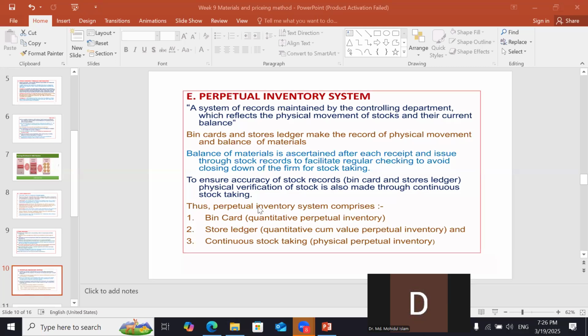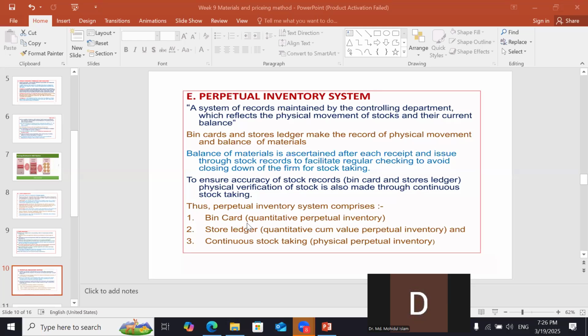In the perpetual inventory system, some techniques or tools are used to keep the record of materials. At first, bin card; second, store ledger; third, continuous stock taking.